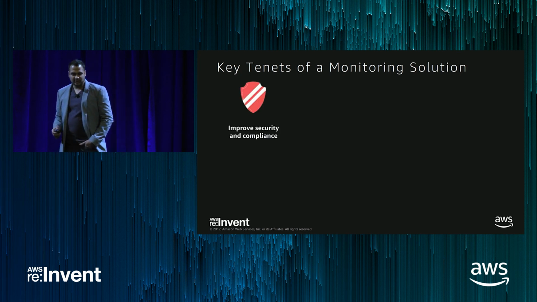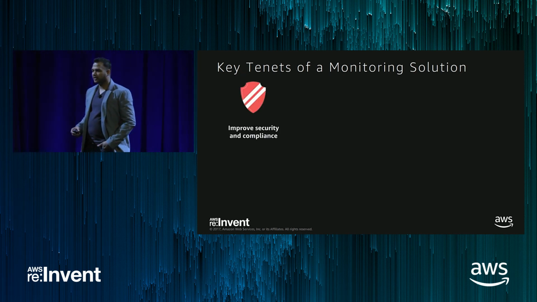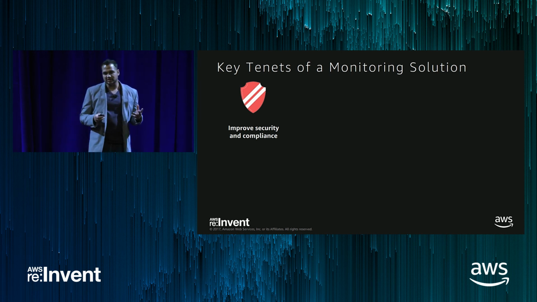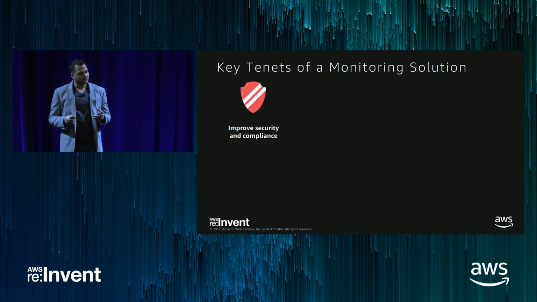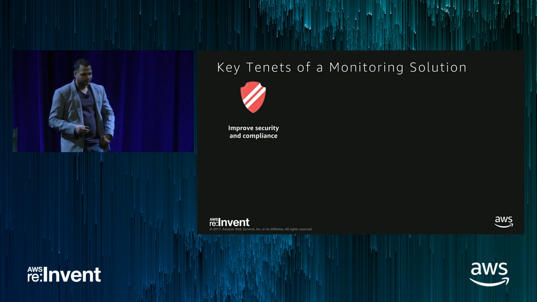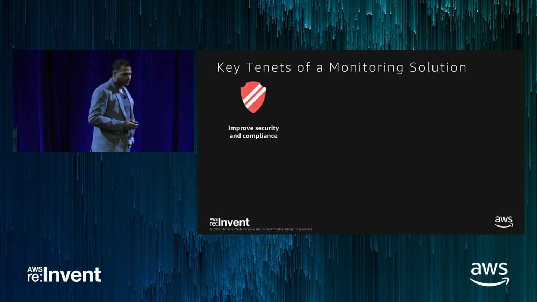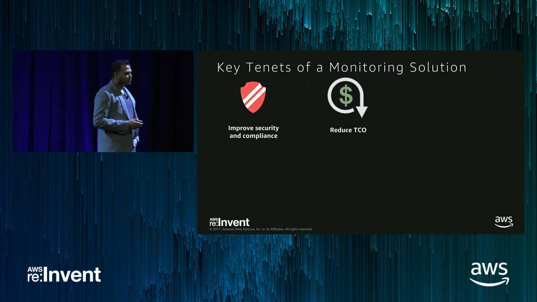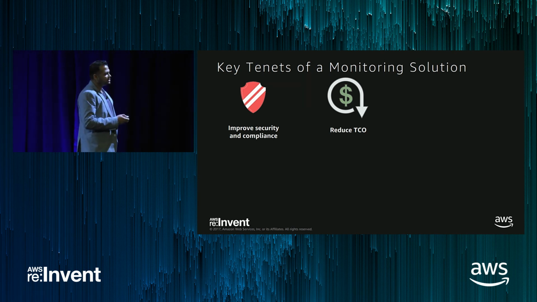So when we started thinking about the key characteristics of an ideal monitoring solution, first and foremost, we wanted something that is inherently secure and improves the security and compliance lifecycle of our applications. A lot of enterprises today, more so than ever before, are challenged with reducing the total cost of ownership.